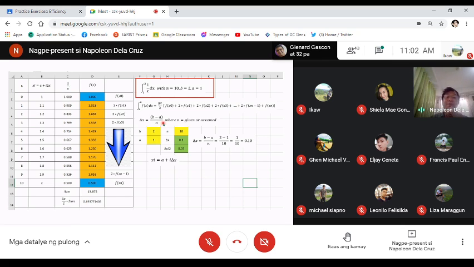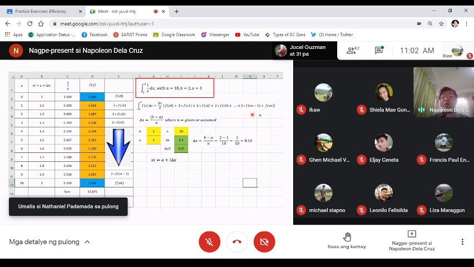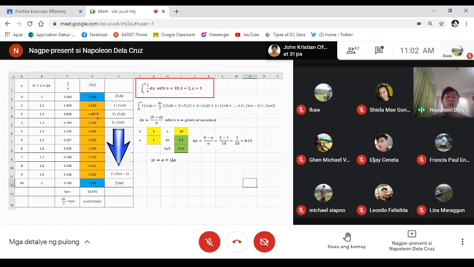Pagkatapos, solve na natin. Kunin natin ang delta x, ayun yung 0.05. Kinuha natin ang sum nito, kaya nga may plus, plus, plus. F of x0, f of x1, f of x2, f of x3, f of x4, f of x5, up to f of xn minus 1. Kukunin natin ang sum nito.